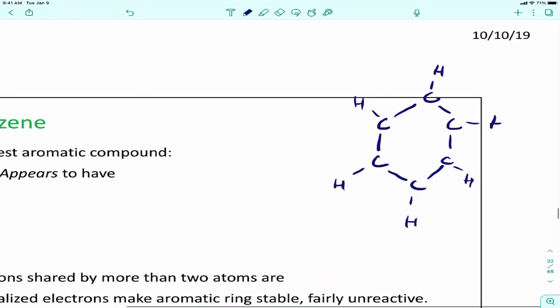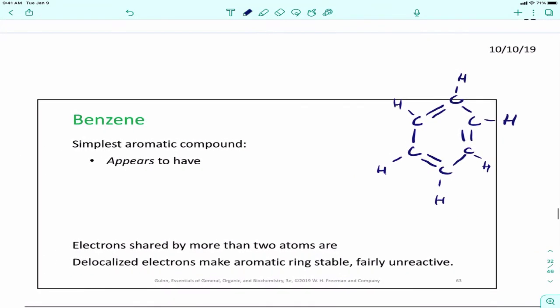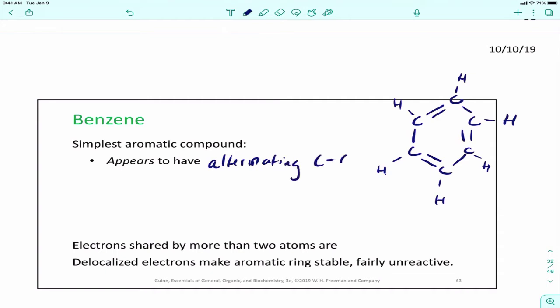And then there's going to be alternating single and double bonds between each of the carbons. So this appears to have alternating carbon-carbon single bonds and carbon-carbon double bonds.